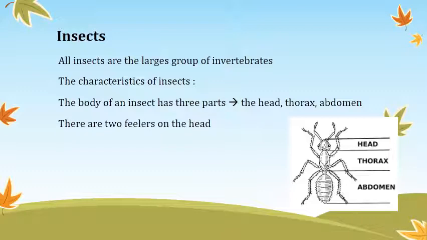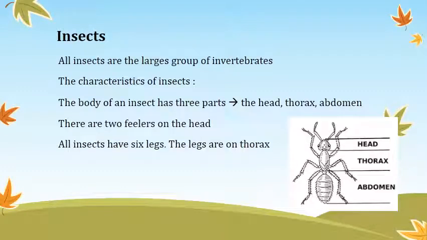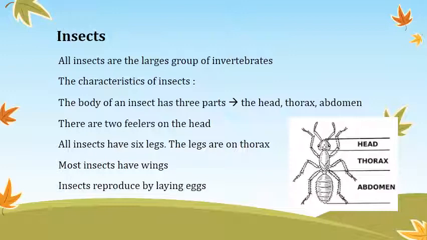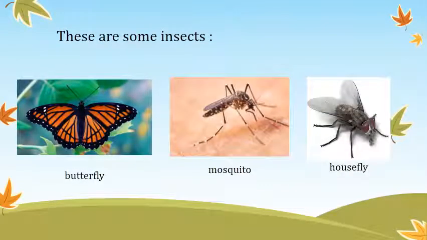There are two feelers on the head. All insects have 6 legs. The legs are on the thorax. Most insects have wings. Insects reproduce by laying eggs. These are some insects: butterfly, mosquito, housefly.